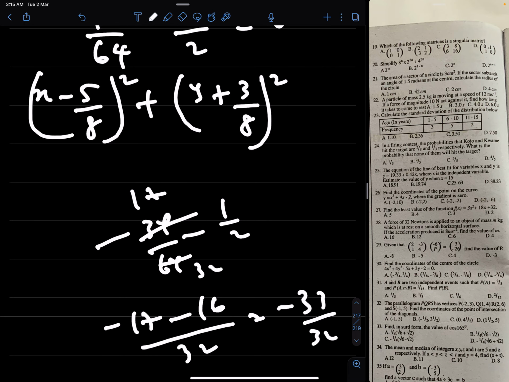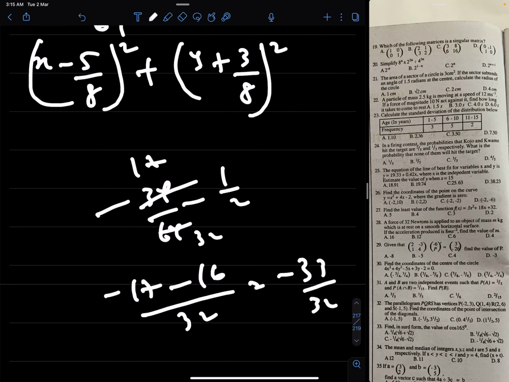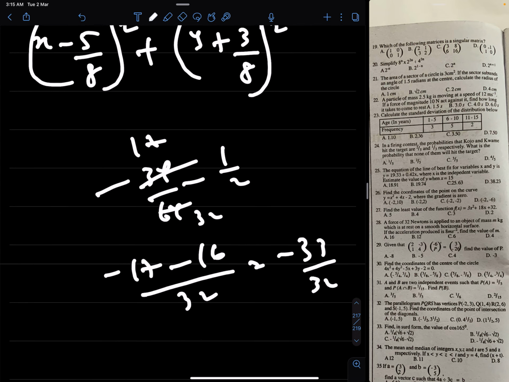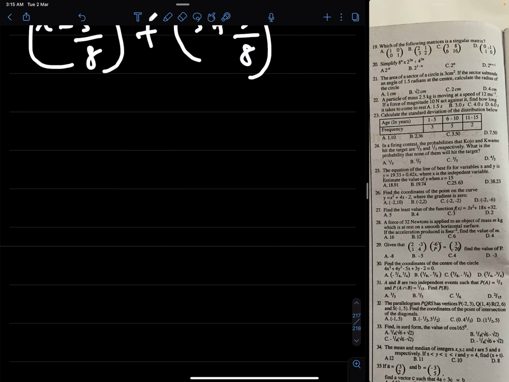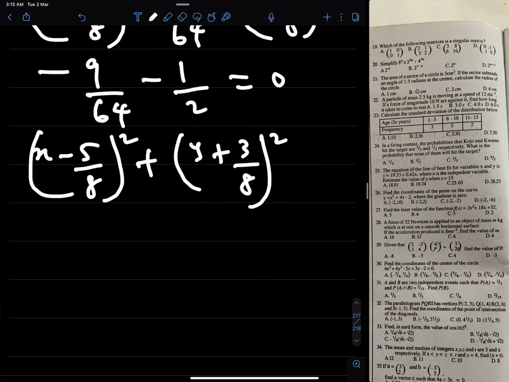I hope that's correct. 2 here 17, 2 here 32. LCM here, minus 17 minus 16. So this is actually minus 33 over 32. I'm leaving it as a fraction. So that means, okay, let me write this first. Minus 33 over 32 equals 0.